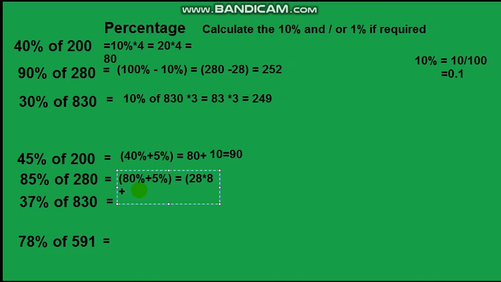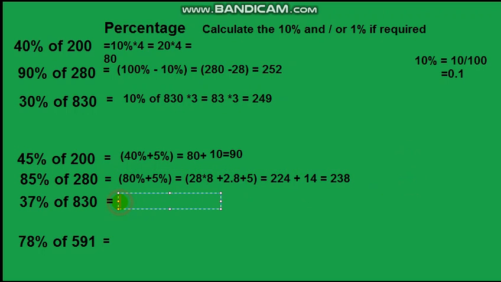Going by 1%, it would be 2.8 multiplied by 5, which is also 14. So the answer is 238, right?